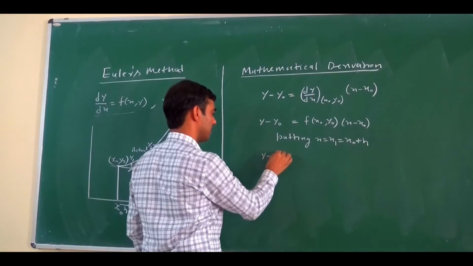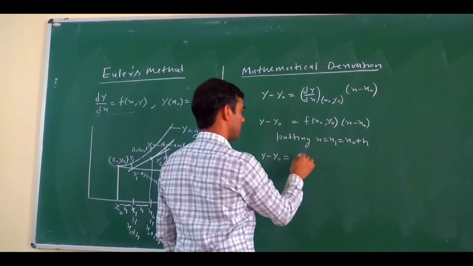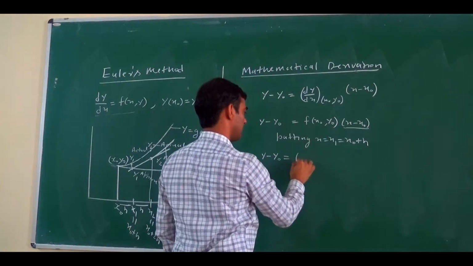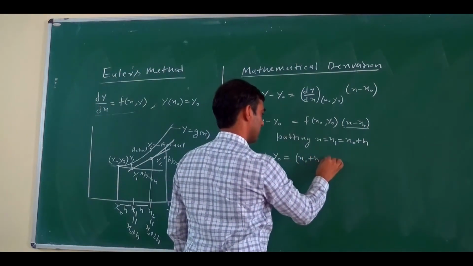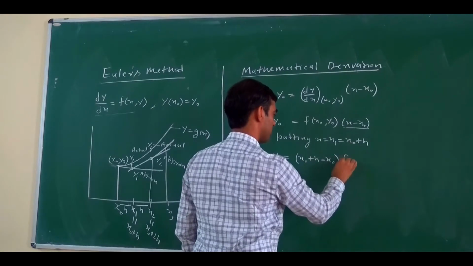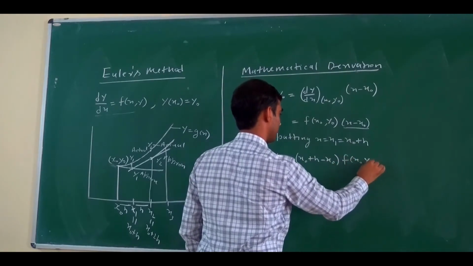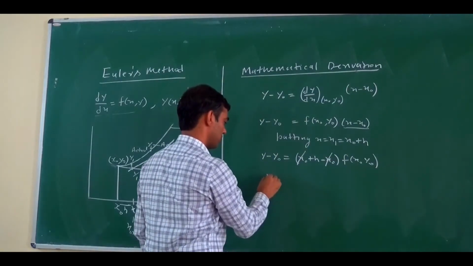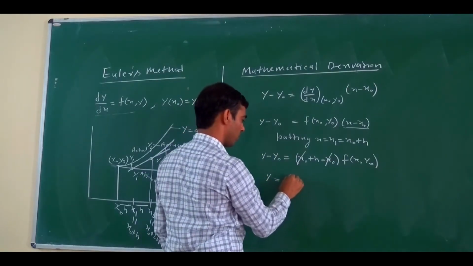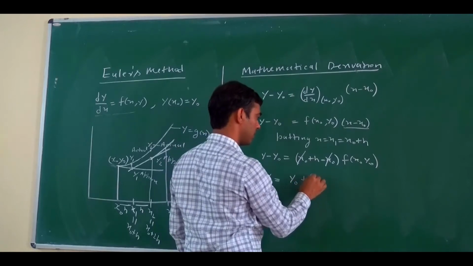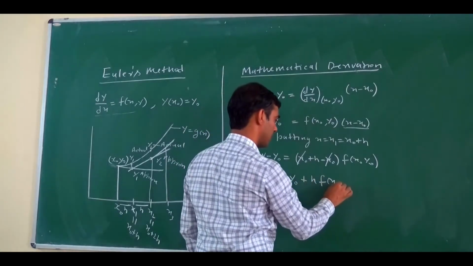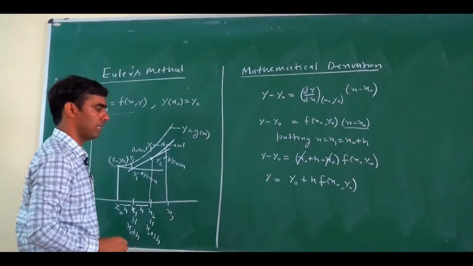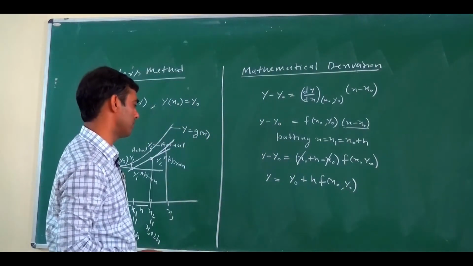This becomes y minus y0 equals, here we write first this factor, (x0 plus h minus x0) f of (x0, y0). After simplification, this cancels out. What is the value? y equals y0 plus h f of (x0, y0).